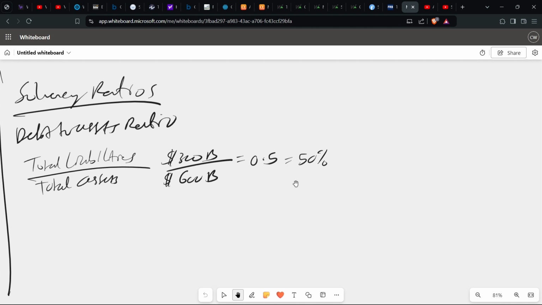So the benchmark is going to be different across industries. But usually, for a business dealing with goods and services, it's advisable for this ratio to be small. A high ratio means a company is not likely to survive a recession.